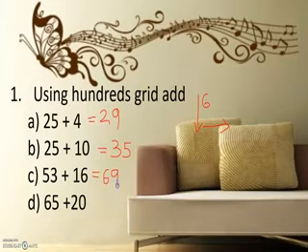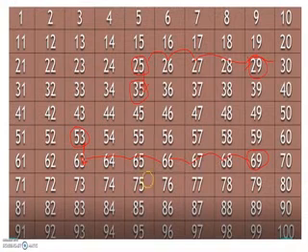65 plus 20. How can you add 65 plus 20? Yes, you have to add 20 to 65. 20 is 2 tens. 2 tens means we have to move 2 times down. Let's see how we can do it. Where is 65? Yes, this is 65 and you have to add 20 to 65.